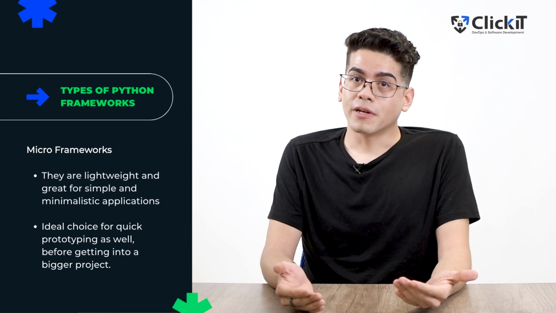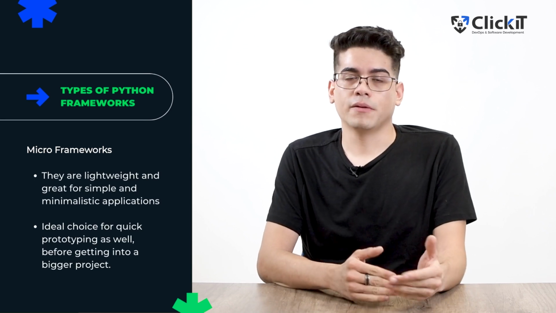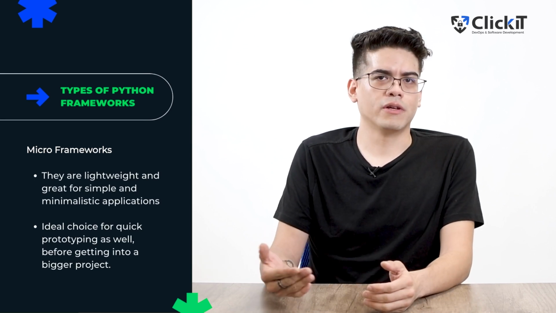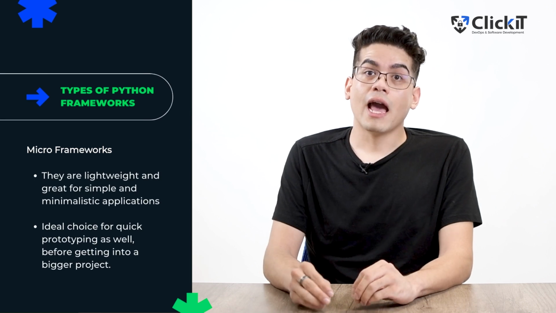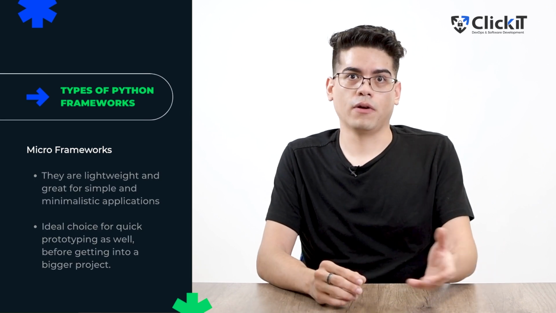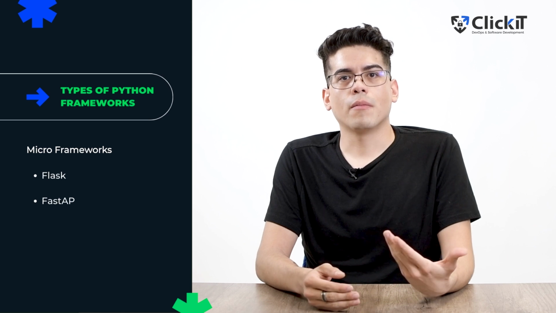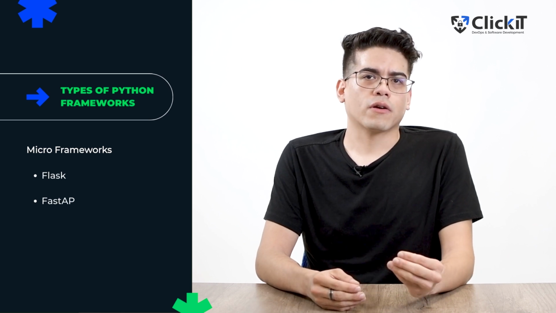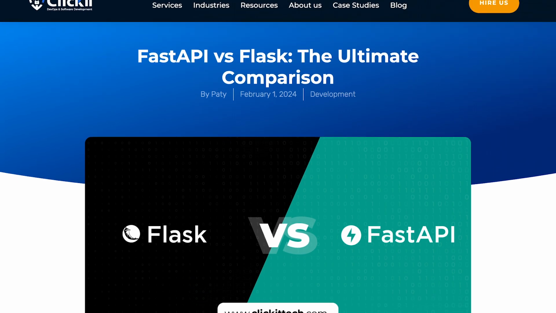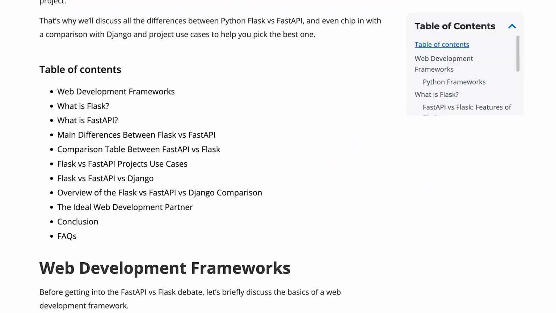But don't think you are limited. Some micro-frameworks have templating engines, which you may think are only available in full-stack frameworks, and can also be expanded further upon. Flask and FastAPI are two interesting tools that can be considered micro-frameworks, but thanks to their capabilities can be suitable for different use cases. Check out this blog for a fun comparison between these two.